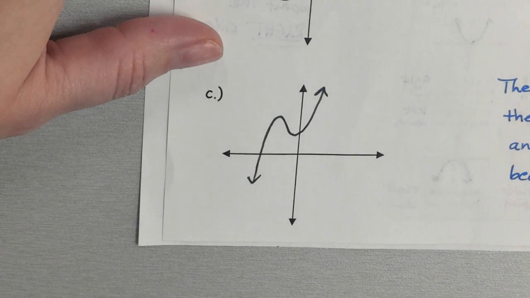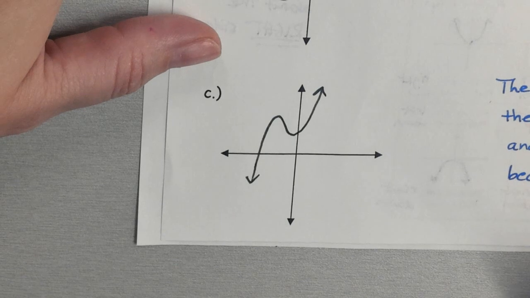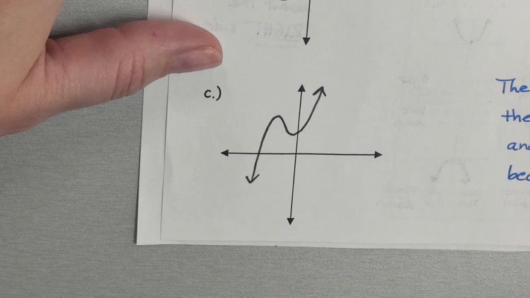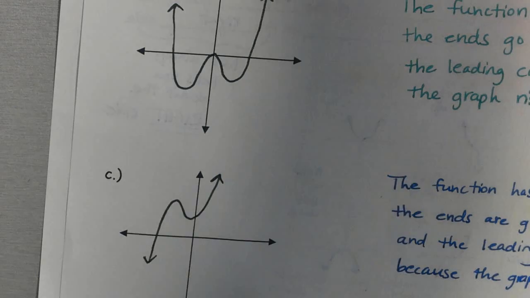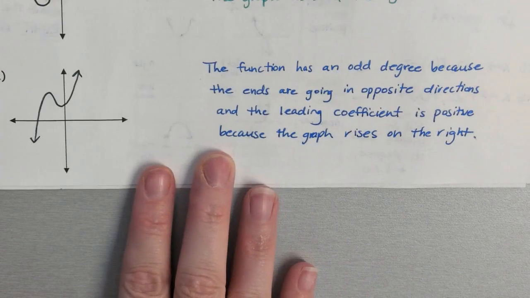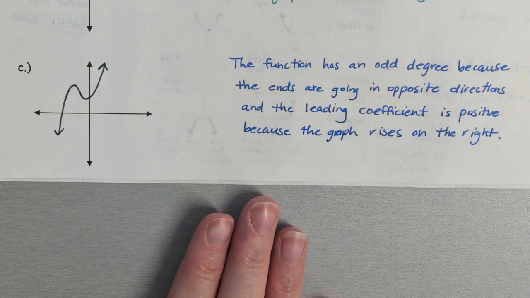So the leading coefficient is going to be positive. Yes, positive. Rising where? On the right side. Yes. Okay. And we do have to make sure that you include it's on the right side. Okay. And you have the odd, and then you have the even.